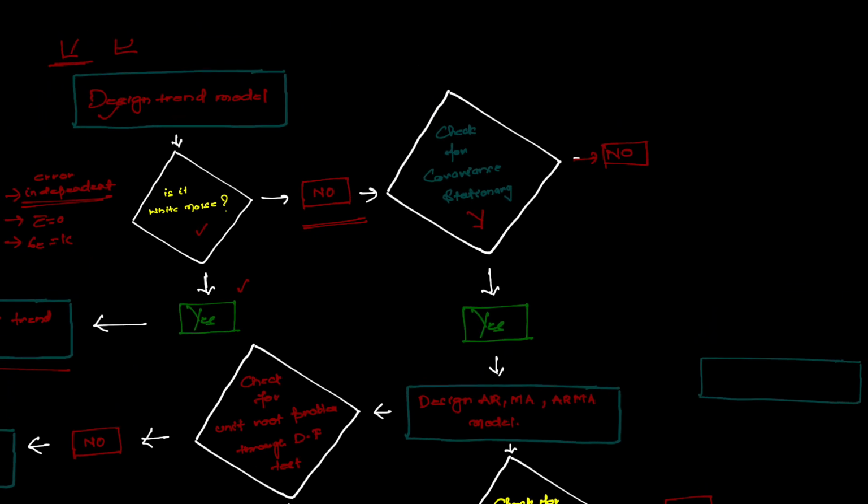Now, what is covariance stationary? When I say covariance stationary, then it is stating that y is having such a structure which we are trying to explain with the help of plotting.